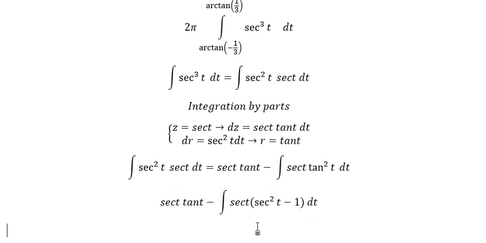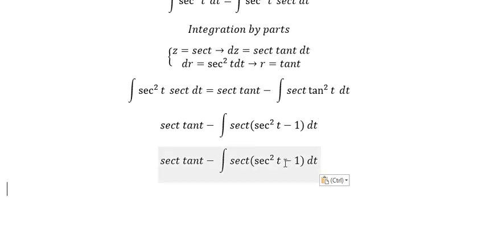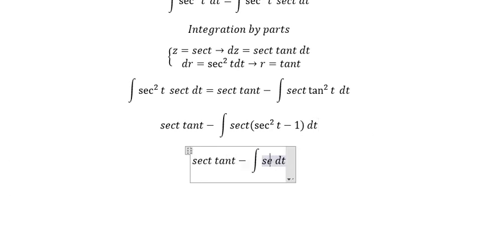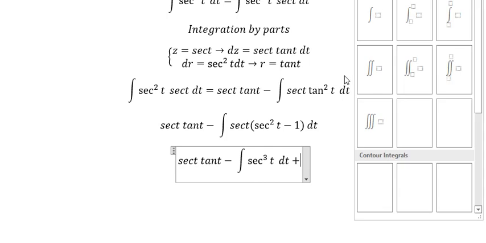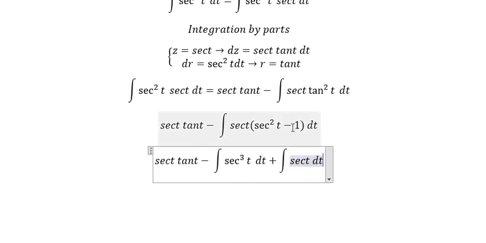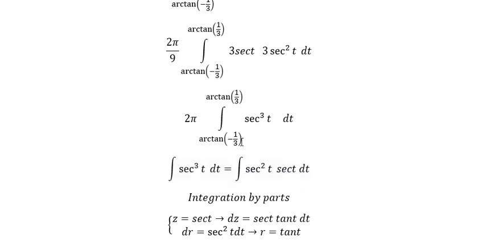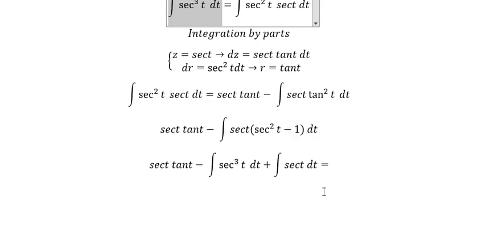And now we will have 2 integrals in here. The first one is secant t to the power of 3, and the second one is the integration of secant t. Negative with negative 1, that's why you have positive in here. And we know that everything equals this one.